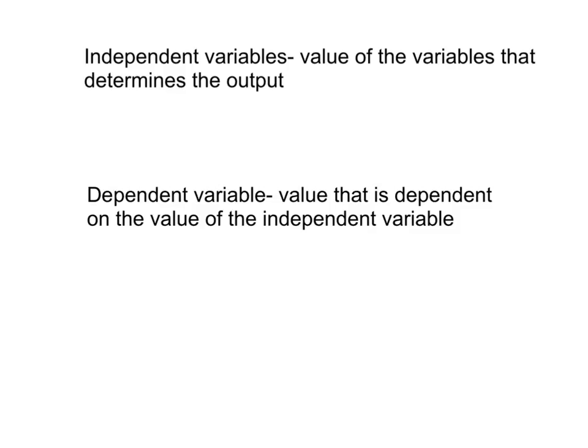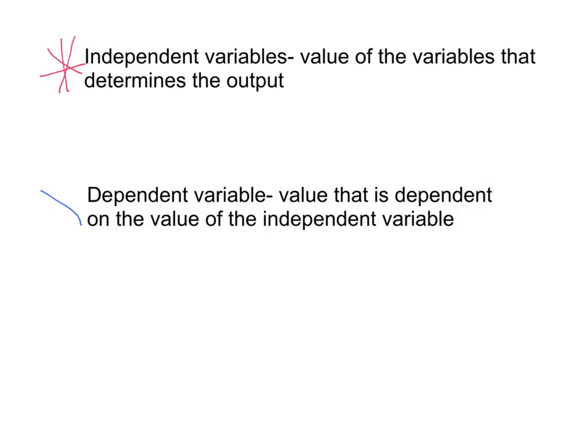When talking about relations, we also need to identify independent and dependent variables. These are terms that you will also hear in science class when you're doing labs. An independent variable is the value that determines the output. It's what makes the output the number that it is.